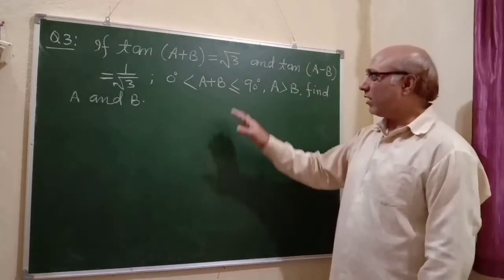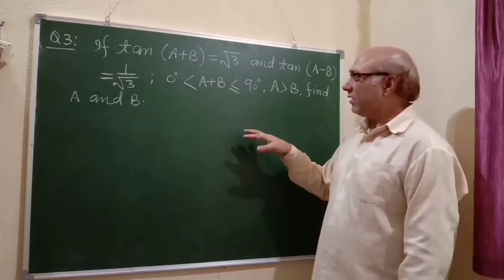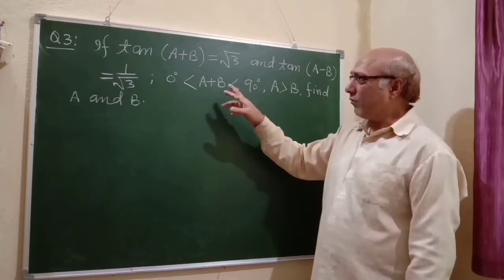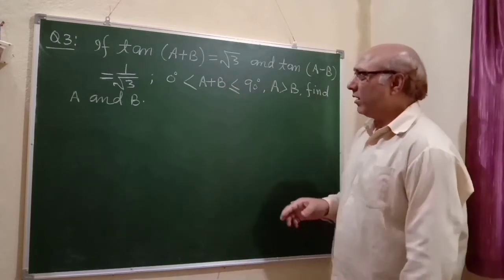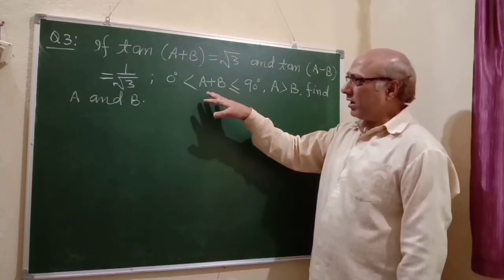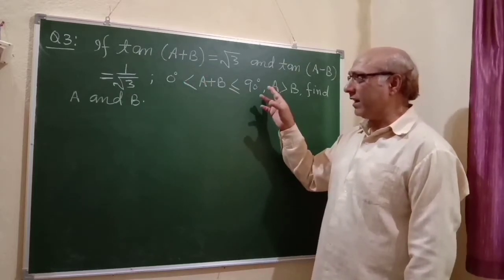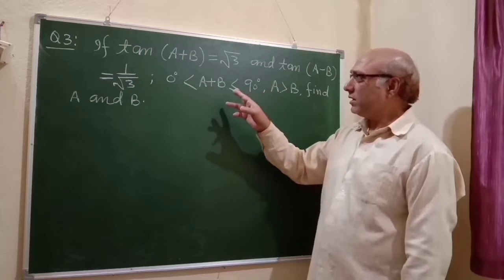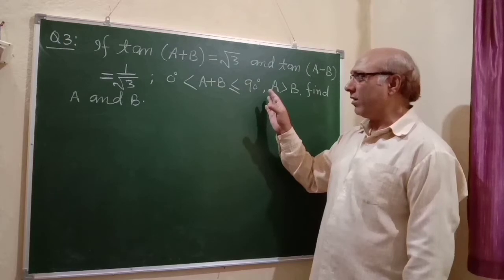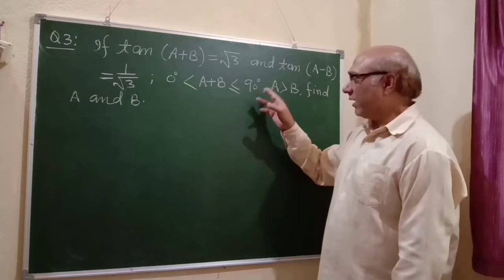Dear students, here we have been given the condition that the value of a plus b should lie between 0 degree and 90 degree. Means the maximum value of a plus b equals 90 degree, or it lies between 0 degree and 90 degree.